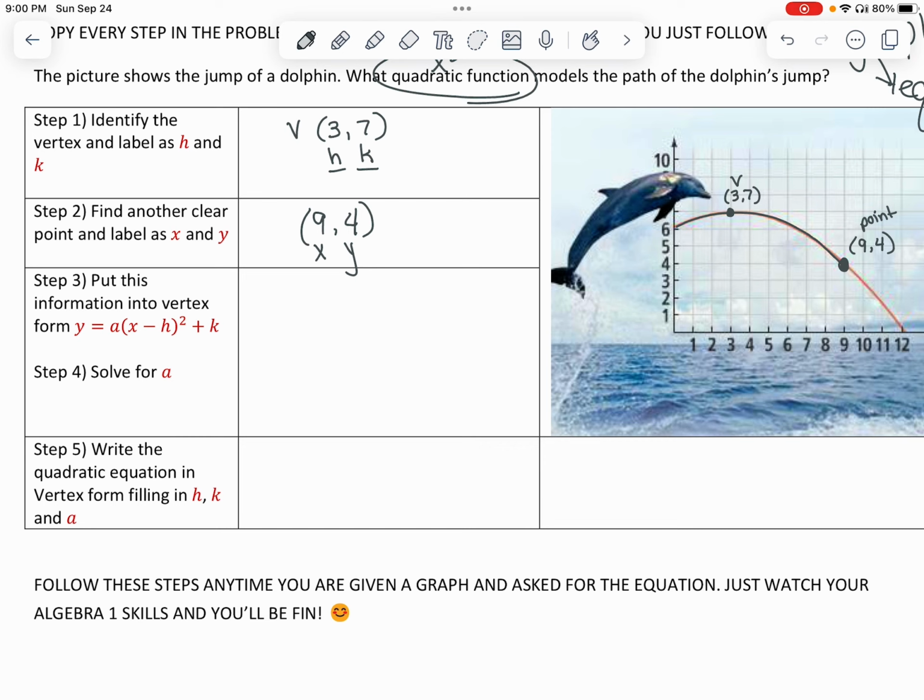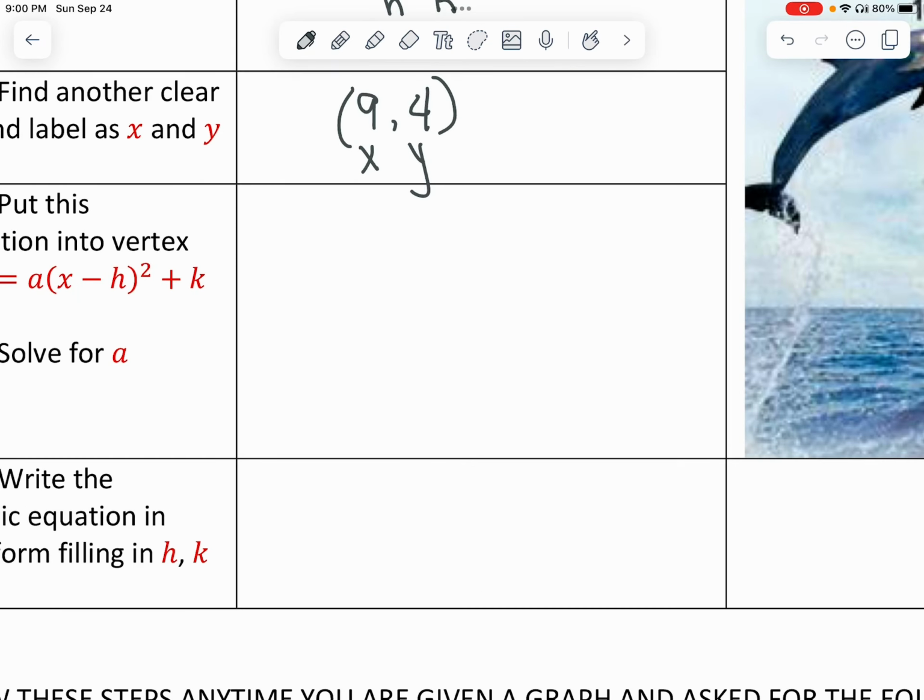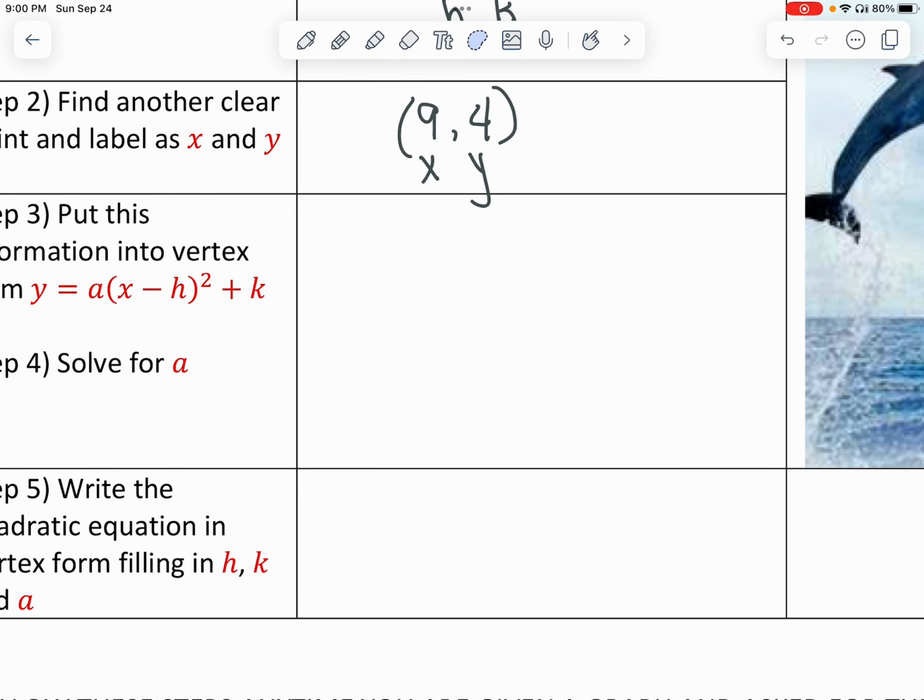Now it's time to put it in vertex form. So I'm going to go ahead and do a quick copy and paste of the image. Perfect. Replace y with 4. I'm going to highlight them as I use them. 4 equals, we don't know what A is.